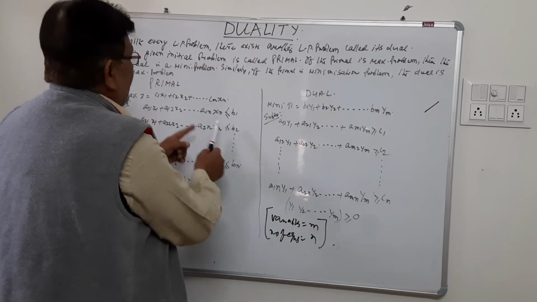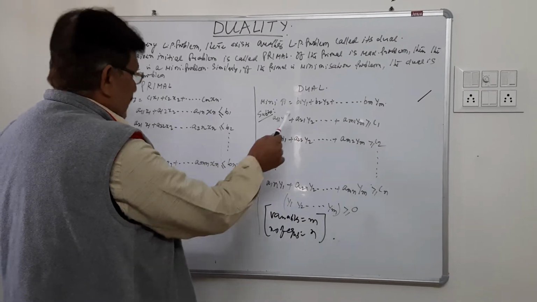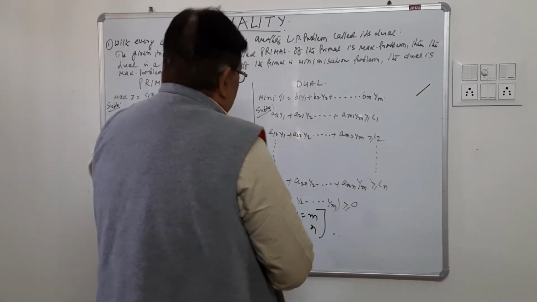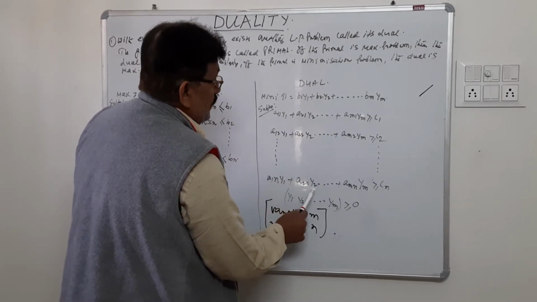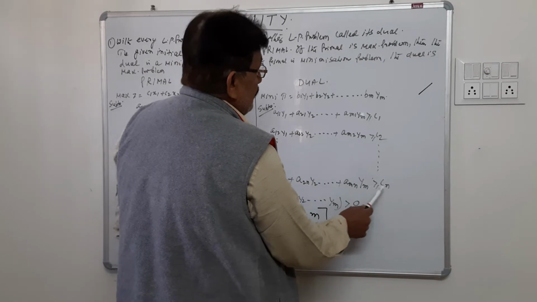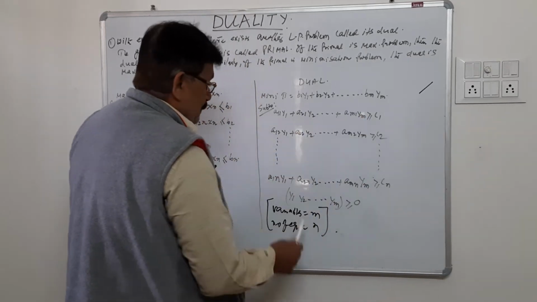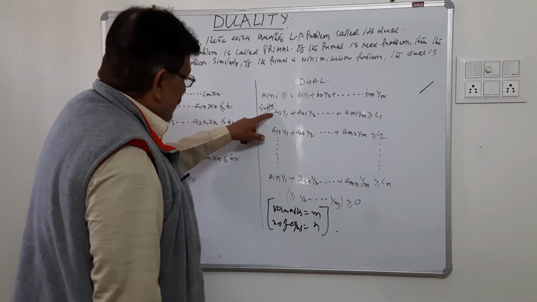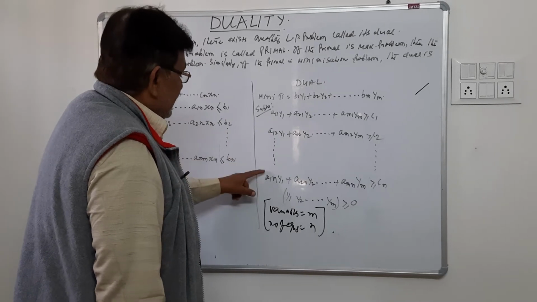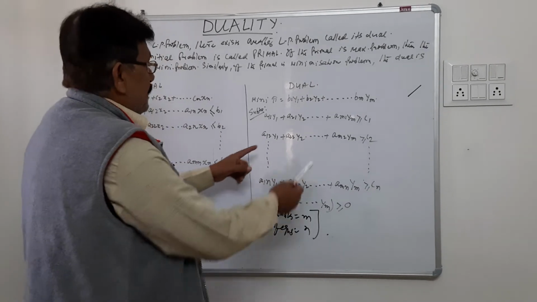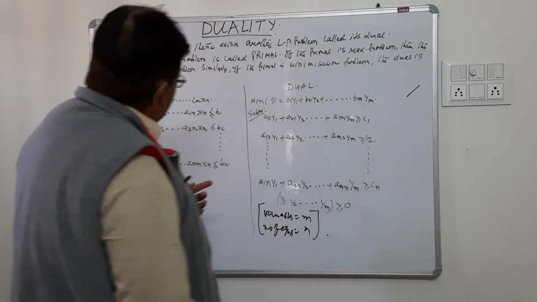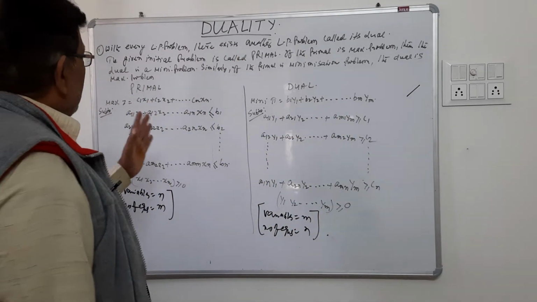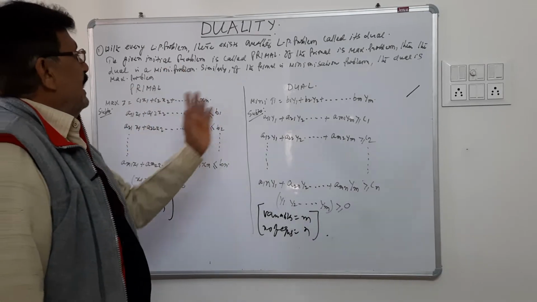The first row has become the first column, the second row has become the second column, and finally we have a1n y1 plus a2n y2 up to amn ym, with cn. Now we must see that here we have n equations and the number of variables is m. It is apparent right here. So in a standard way we can show any primal in a dual in this way.